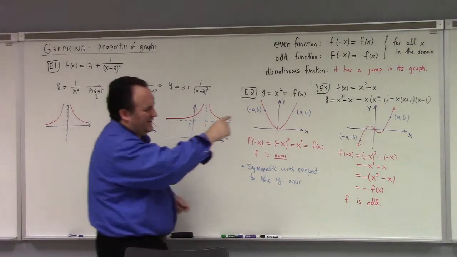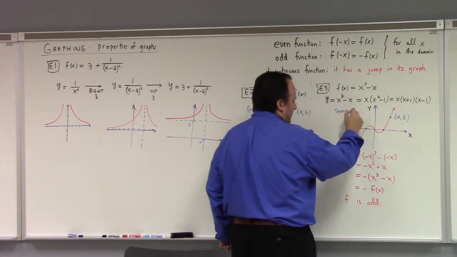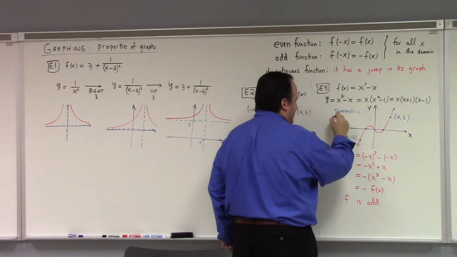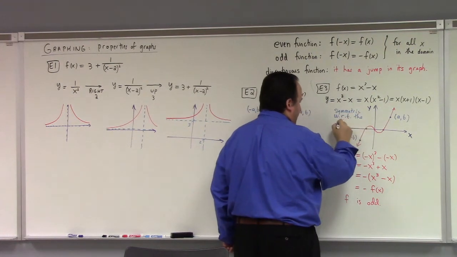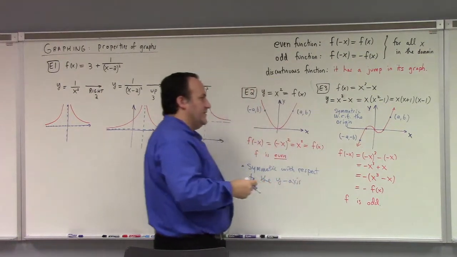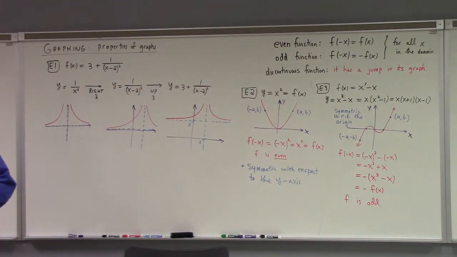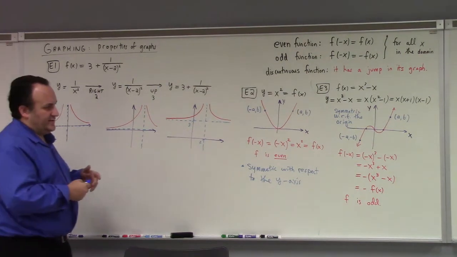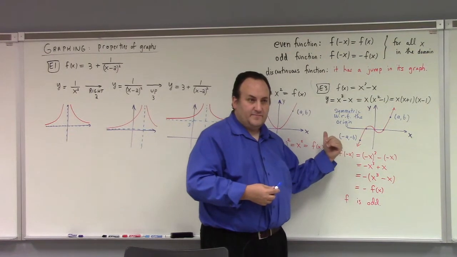This kind of pairing is said to be symmetric with respect to the origin. So the origin is 0, 0. That's what people say. They say this kind of graph is symmetric with respect to the origin. What they're thinking about is the fact that you can reflect the graph through the origin to the other side, right?